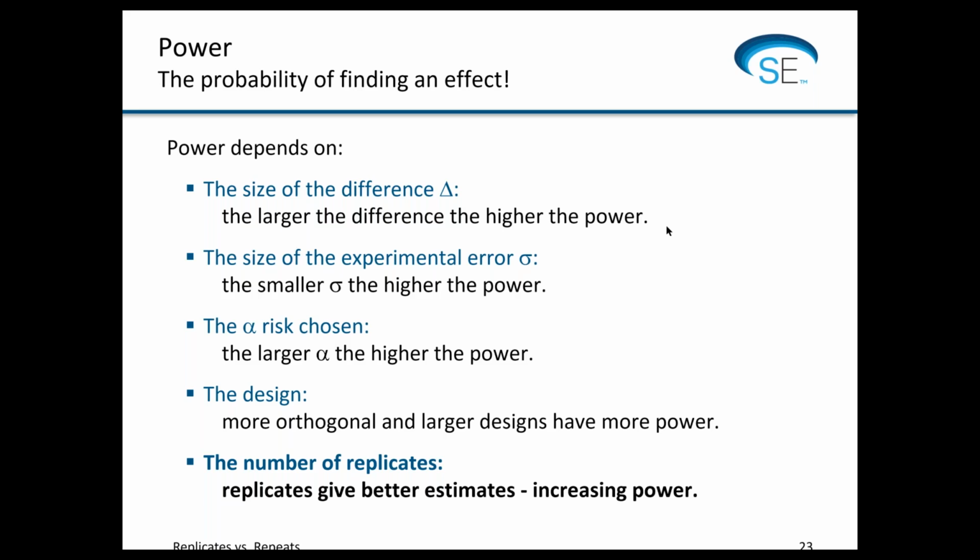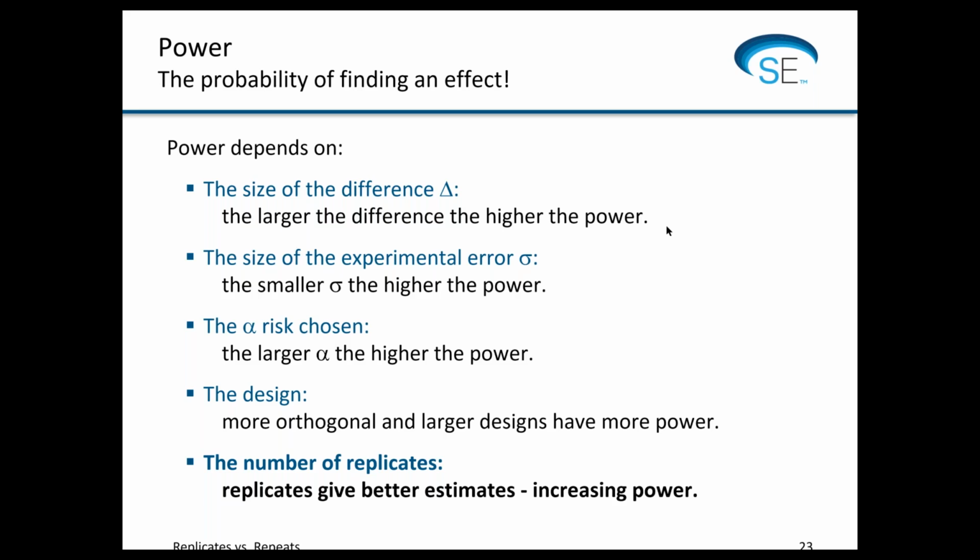If you're more willing to make one kind of risk, then the other risk goes down. If you make that risk bigger, the beta risk goes down. I don't think that's a very good way to proceed. You really don't want to make either risk large, so you want to pick reasonable levels, maybe 5% and 20%, and then do enough runs to be able to achieve them both.